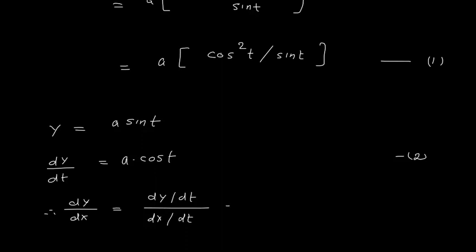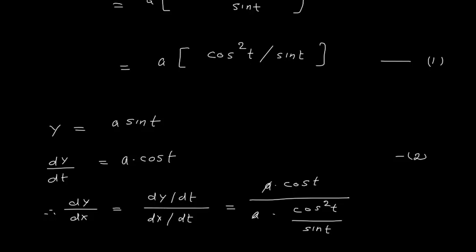Now this dy upon dt you can write as a into cos t whole divided by this dx upon dt, you write as a into cos square t upon sin t.